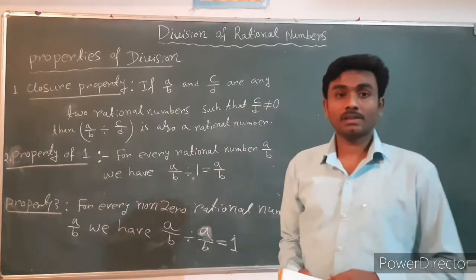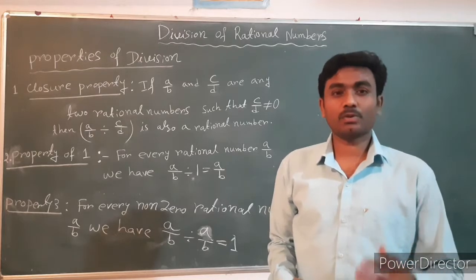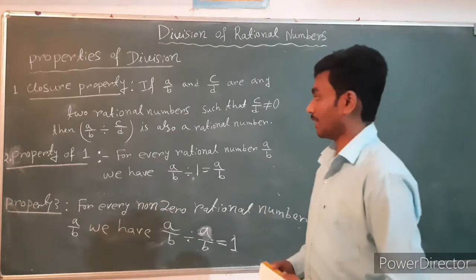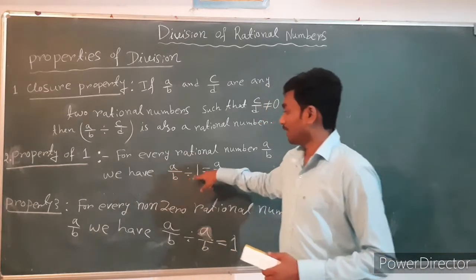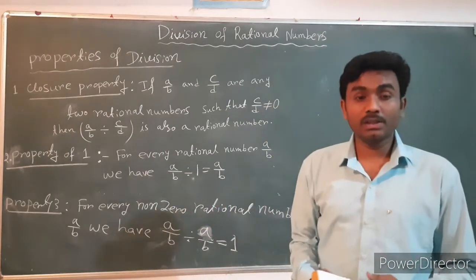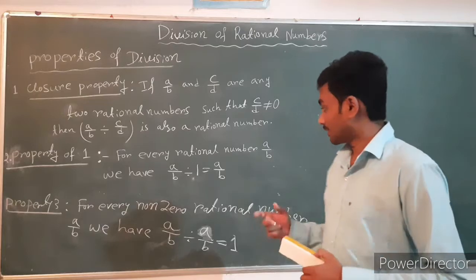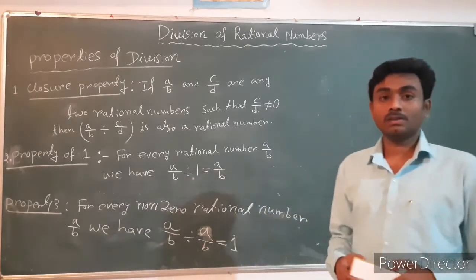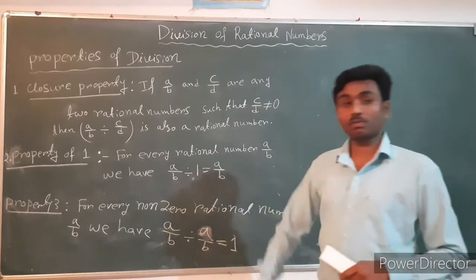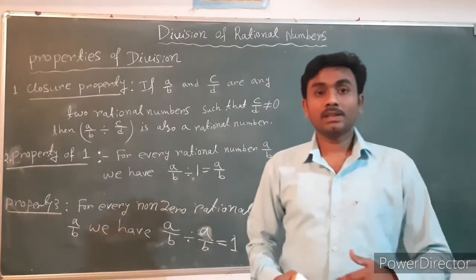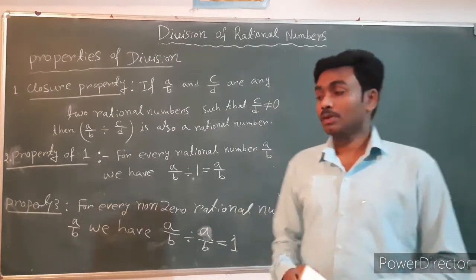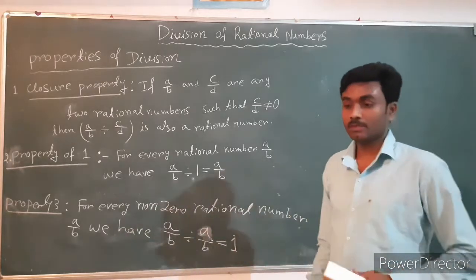If we divide any rational number, suppose a upon b, by 1, we get the same rational number. A upon b divided by 1 is equal to a upon b. Third property, for every non-zero rational number a upon b, a upon b divided by a upon b is equal to 1. That is, if we divide a rational number by itself, we get 1.